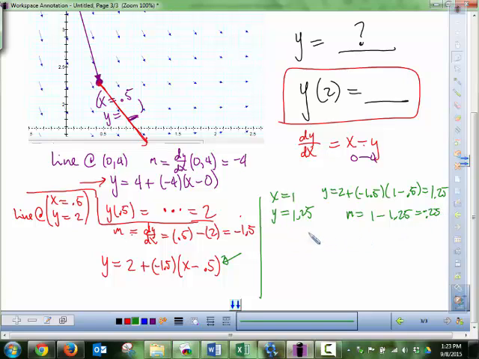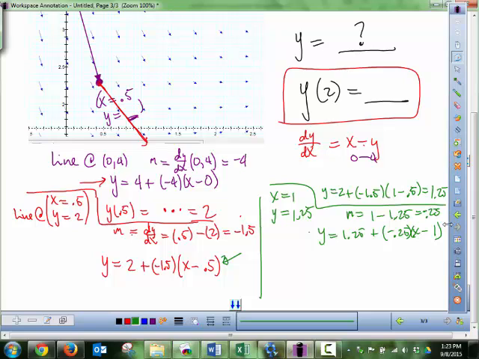And then you make the new equation. Y is equal to 1.25 plus negative 0.25 times x minus 1. So we need to do this like a couple more times to get those values.